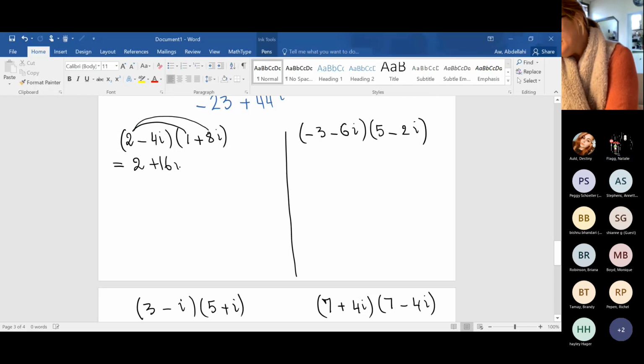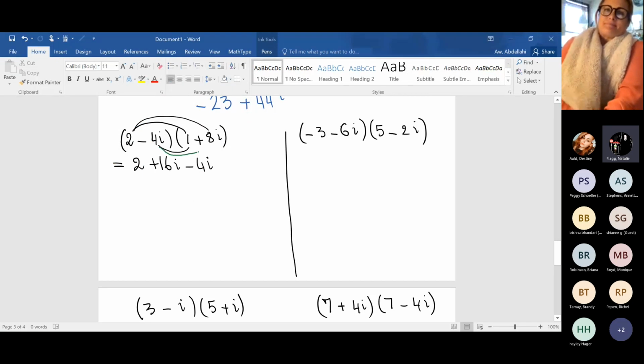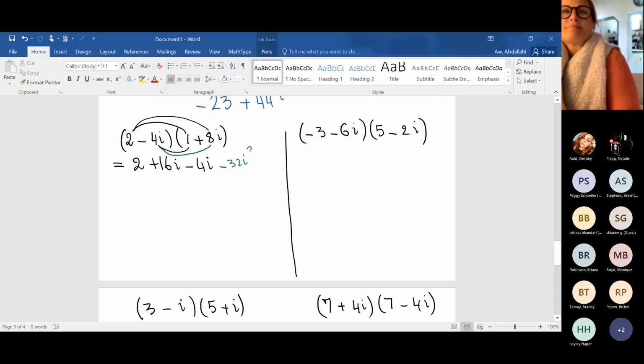Then negative 4i times 1, that's minus 4i. Then negative 4i times positive 8i, you get negative 32i squared, which becomes plus 32. Everybody see that? It's a regular FOIL, right?